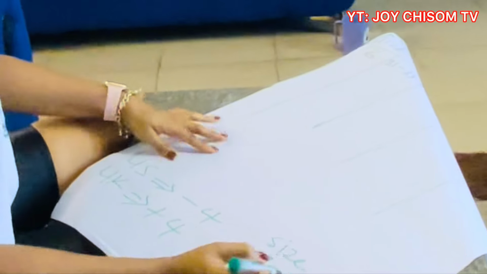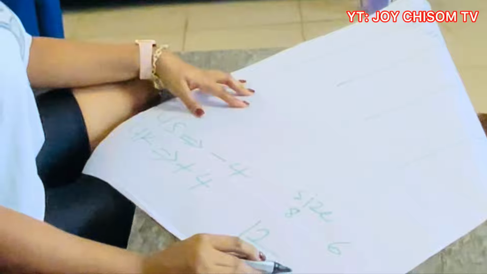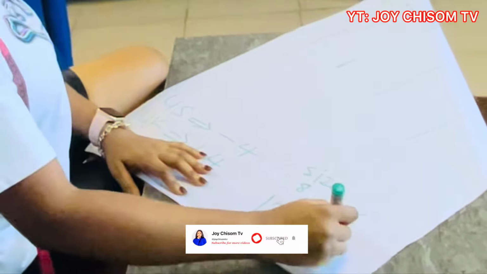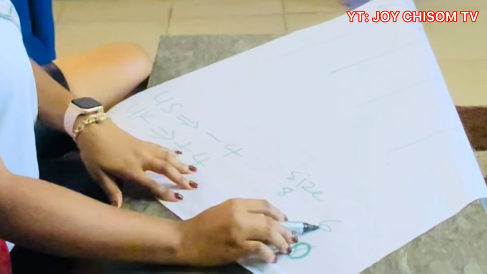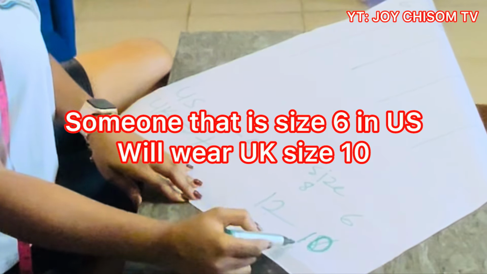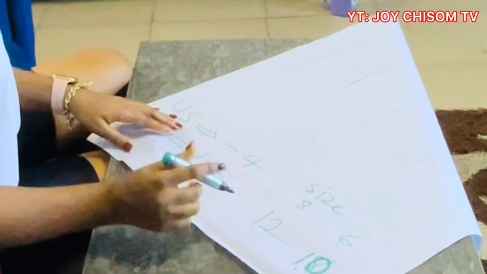Then someone that wears size 6 in US will be what size in UK? Size 10. So let's do the reverse.